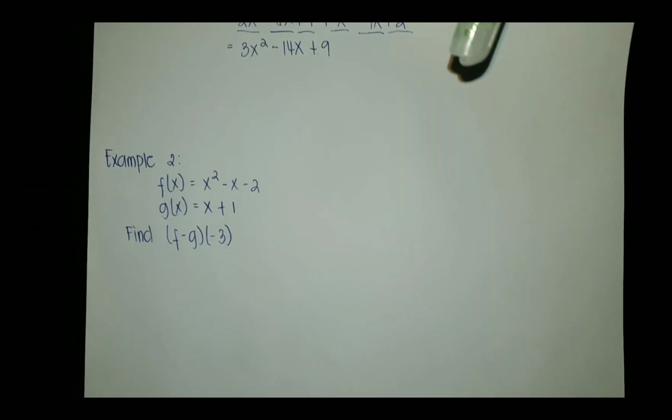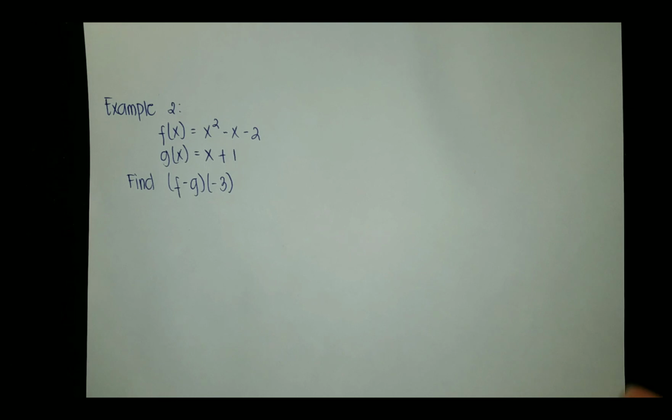So we have two functions given, f of x and g of x, where f of x is equal to x squared minus x minus 2, and g of x is equal to x plus 1. Find f minus g of negative 3.